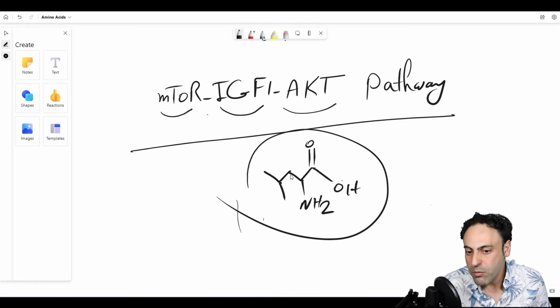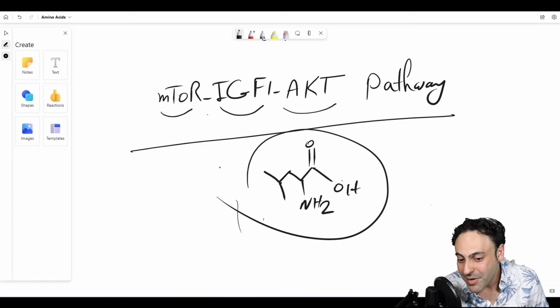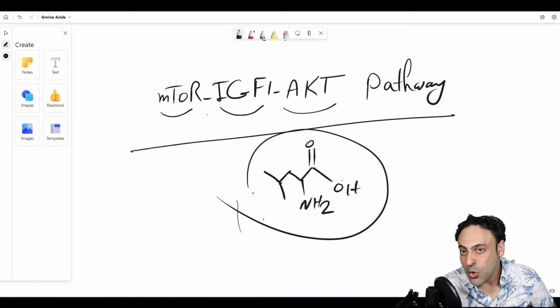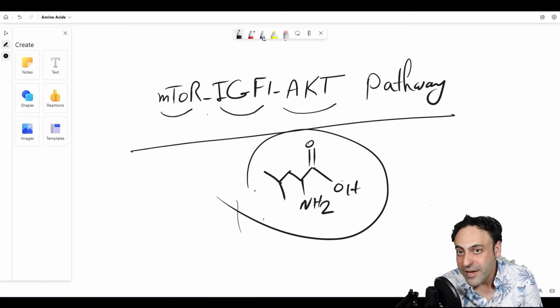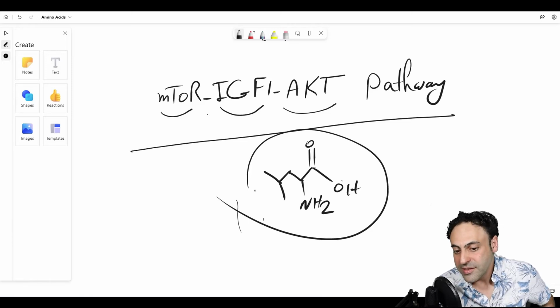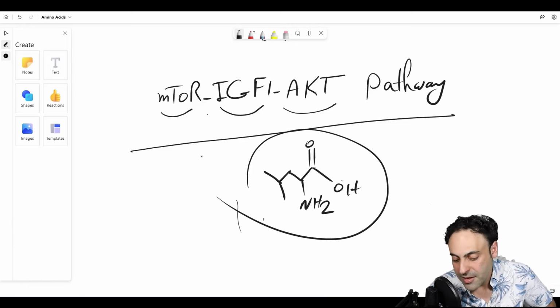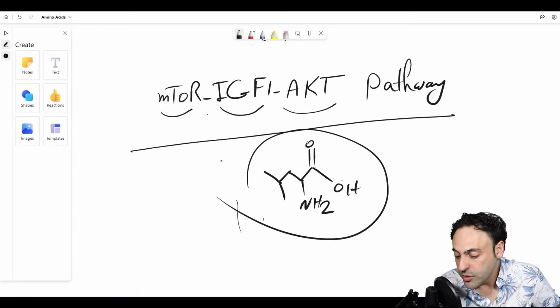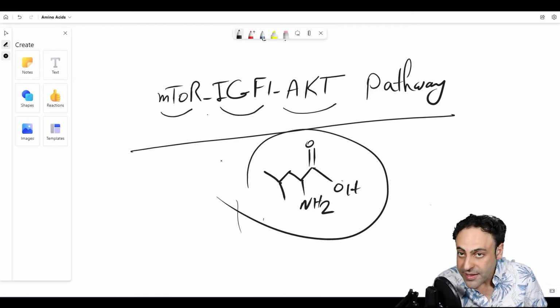So this pathway, at the moment that we have a lot of glucose and in the presence of a lot of amino acids, like leucine, starts helping growth, and it's going to promote the growth of the cell and the immune system. Also, mTOR can sense cell division and the absorption of nutrients into the cell.